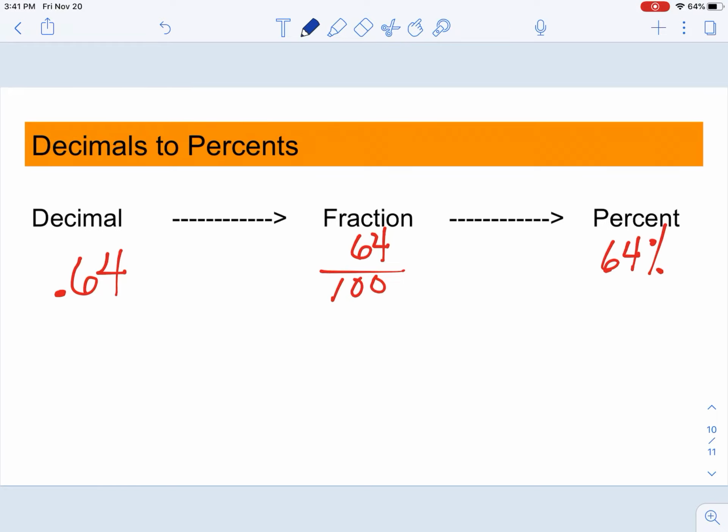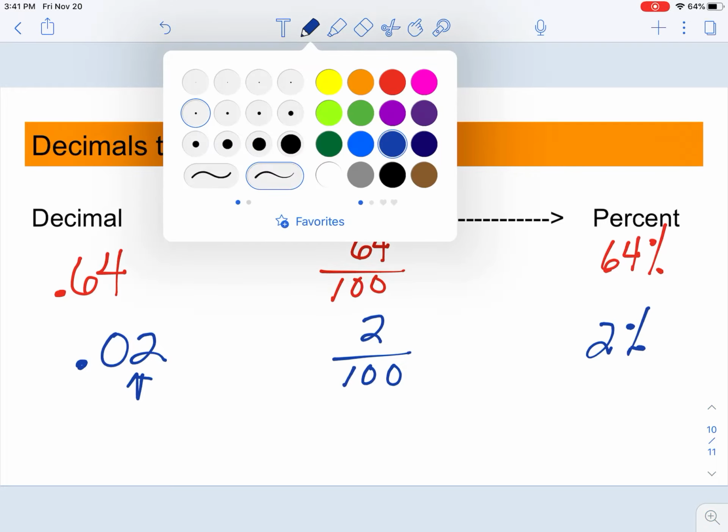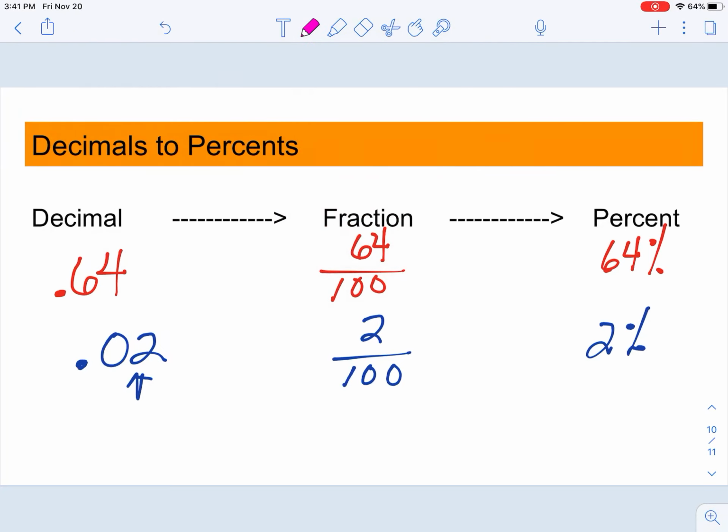Let's do that decimal. I have a 2 and it's in the hundredths place. So I know that it's 2 hundredths, which is 2% because it's 2 out of 100. Here's one that might be a little tricky.